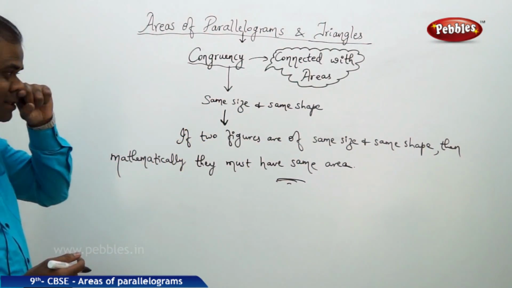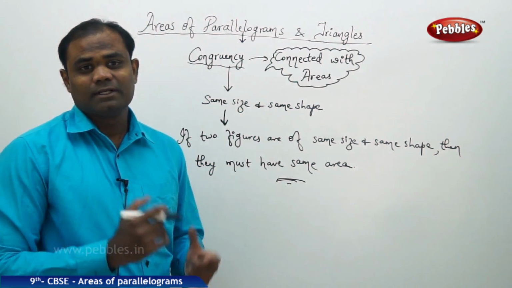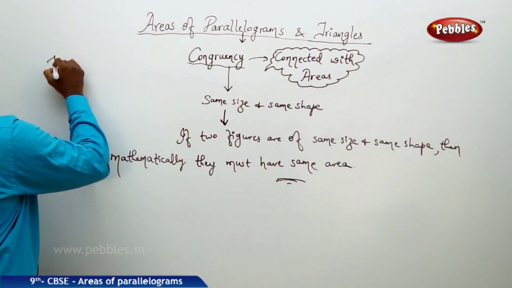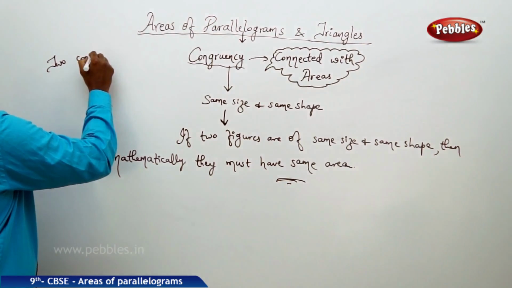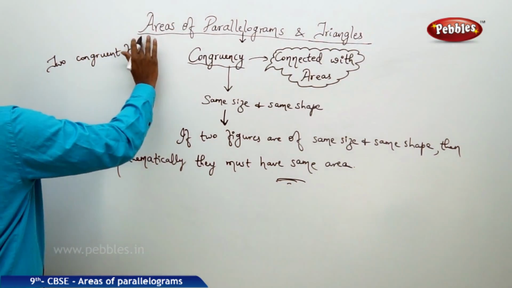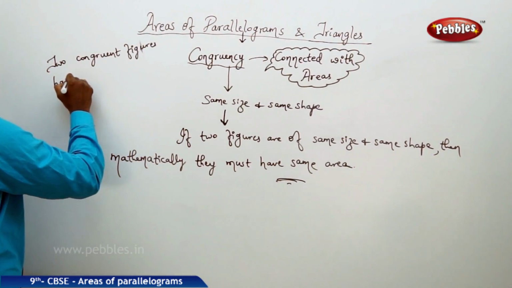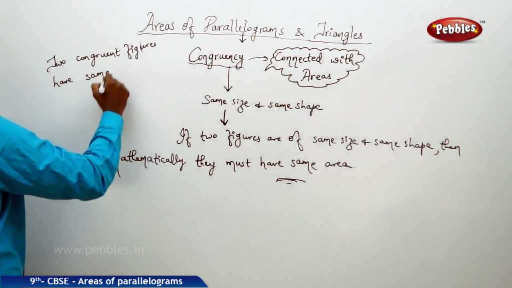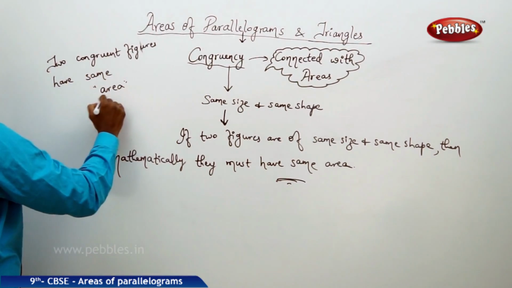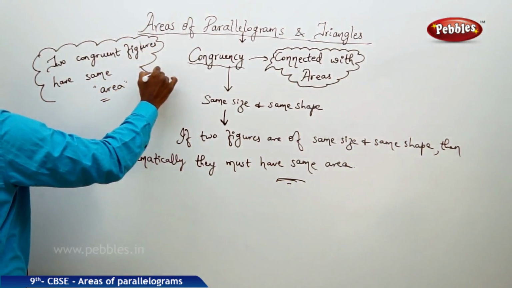Therefore, when two figures are congruent, not only do they have same size and same shape, they have same area. So I come to the conclusion that two congruent figures have same area.